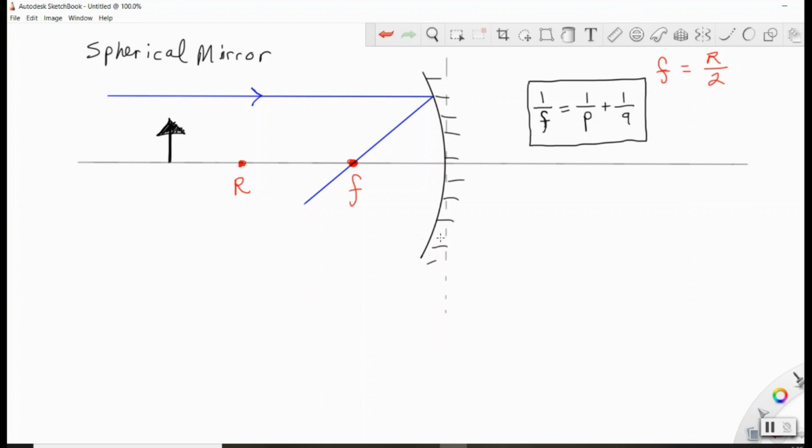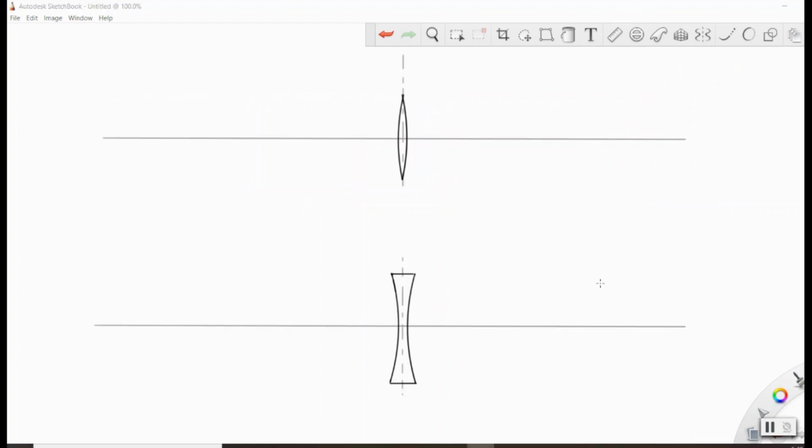Let's look at the lenses that we had before and compare them to the mirrors that we have now. So we have here our convex or positive lens, and we have to look at the behavior of rays of light that come through this lens. We have here a concave or negative lens, so that you can truly get a sense of the focal points based on whether this is a positive or negative lens and where the light goes.